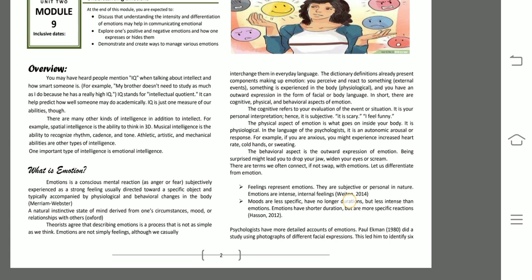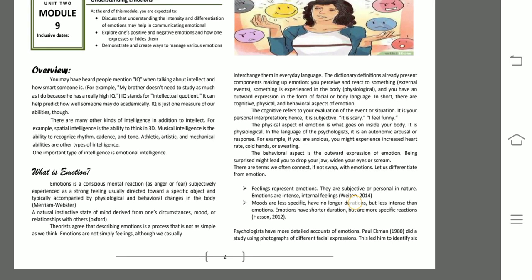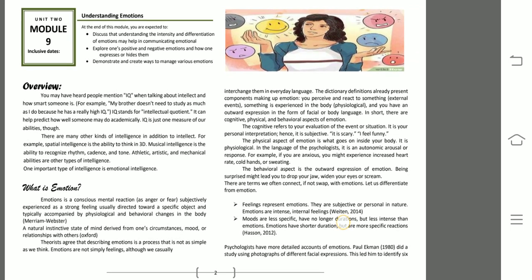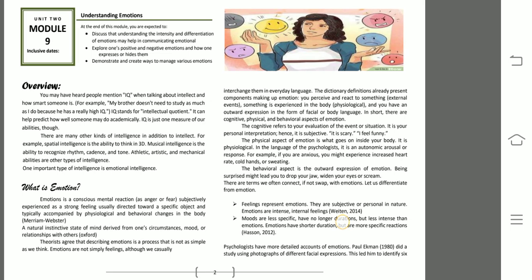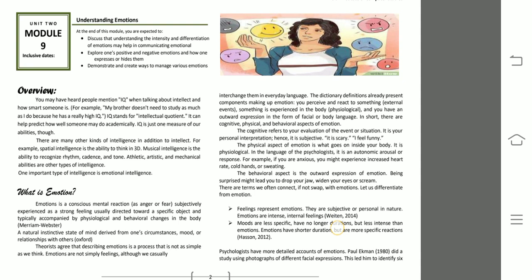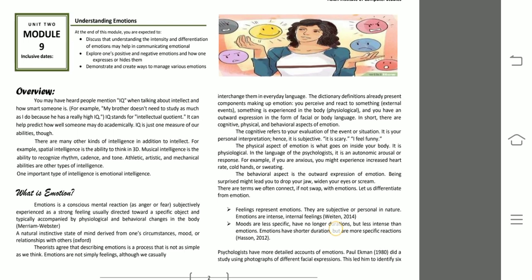'Di ba? Hindi siya ganoon kasimple na kagaya ng iniisip natin na pag sinabing emotion, emotion lang. 'Di ba? So, may mas malalim pang ibig sabihin yung tinatawag nating emotions, okay? So, it is not as simple as feelings, okay? Although, casually, pinag-uusapan natin siya, or we use them interchangeably in everyday language.